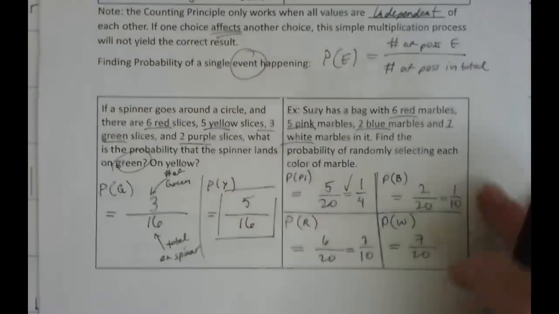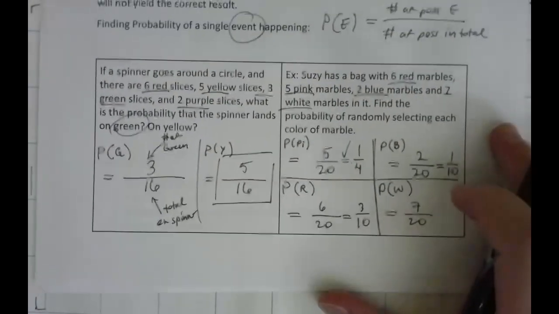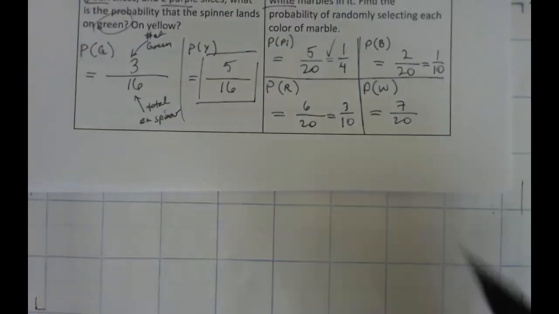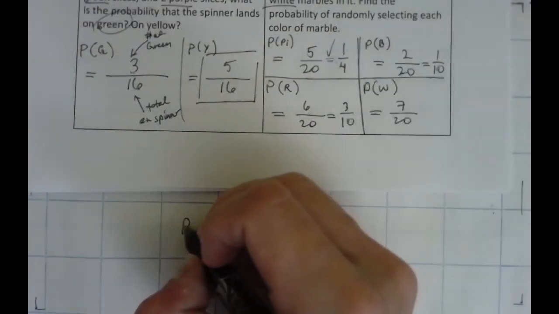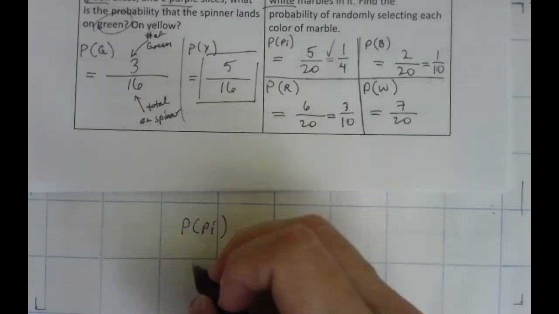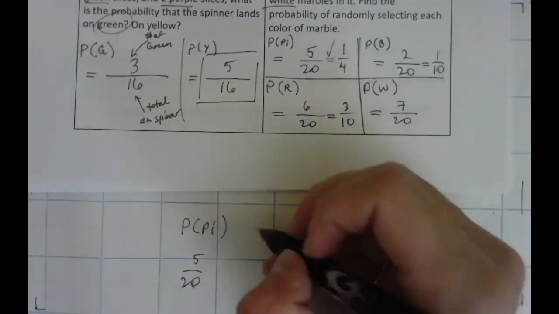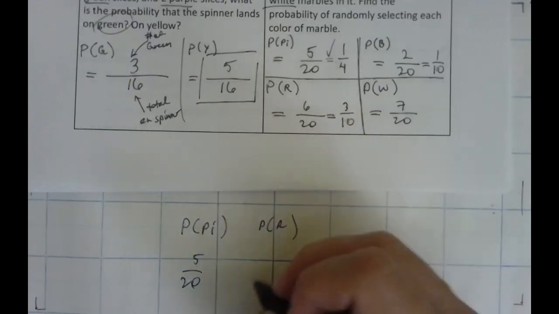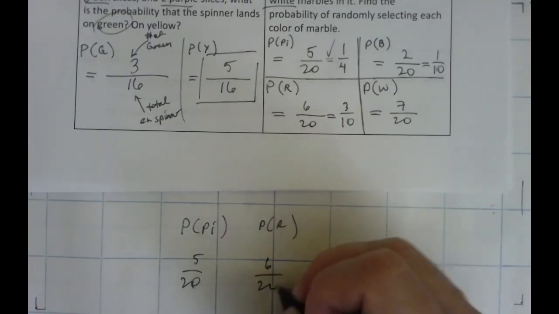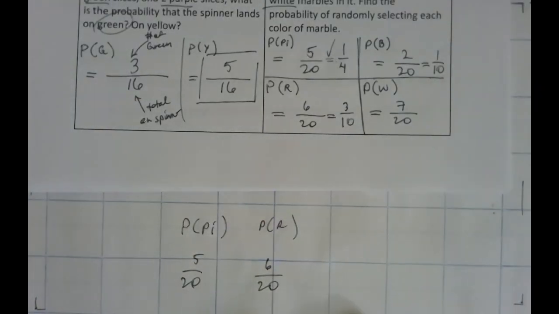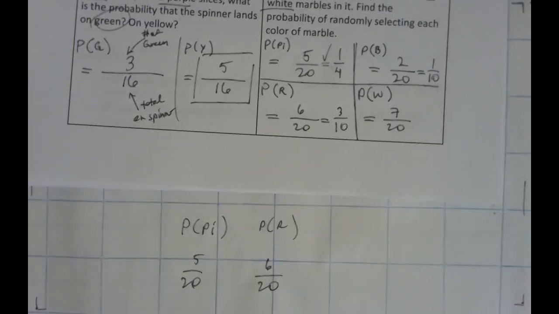Now, what I like about leaving the denominators this way, I'm going to go to some scratch paper here to show you what I mean. Do you see we had a probability of pink, which was 5/20ths. We had a probability of red, which was 6/20ths. I'm going to show you an advantage of leaving your fractions unsimplified.